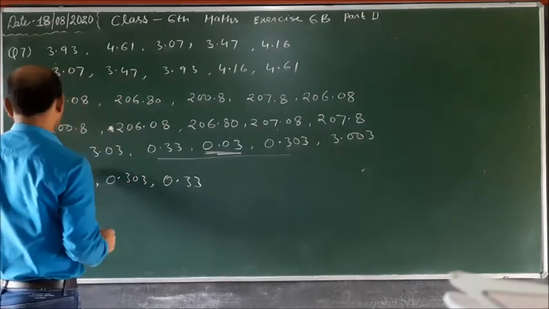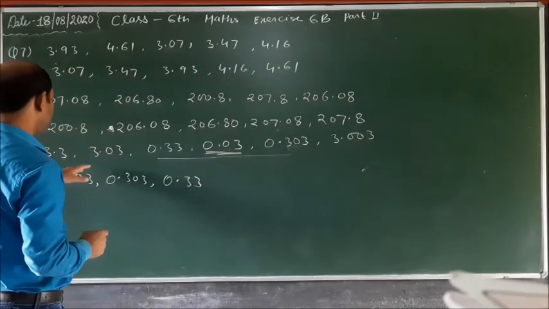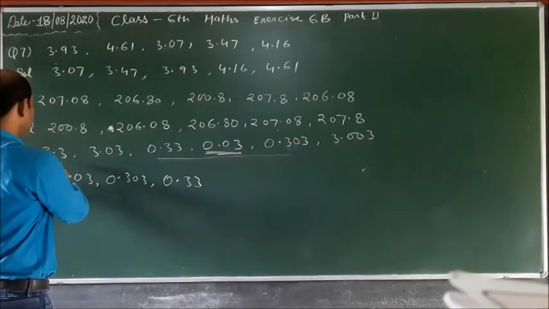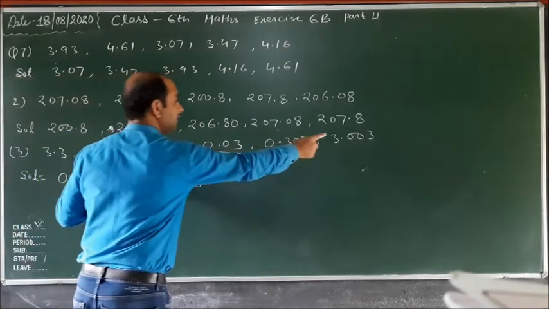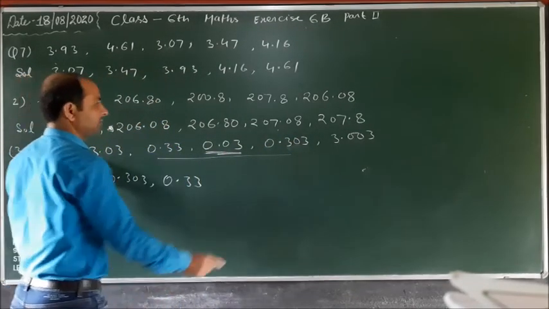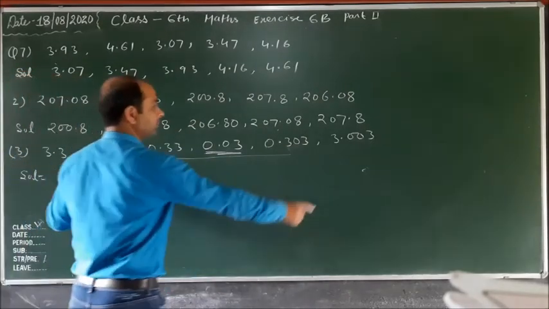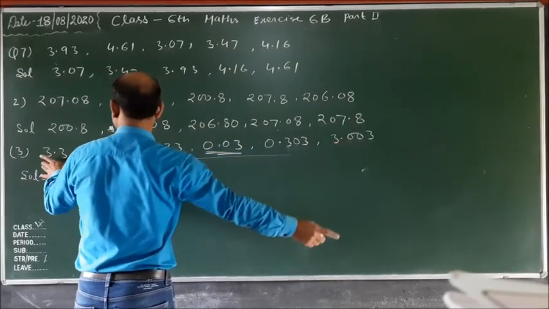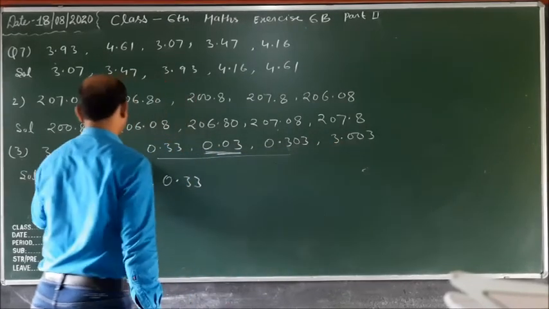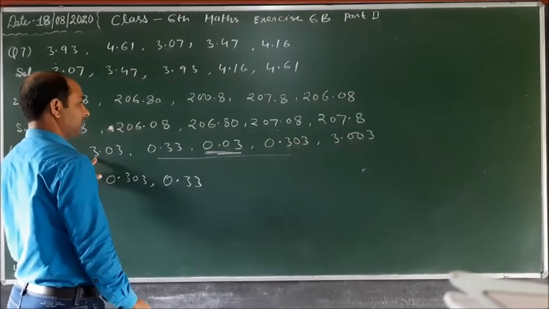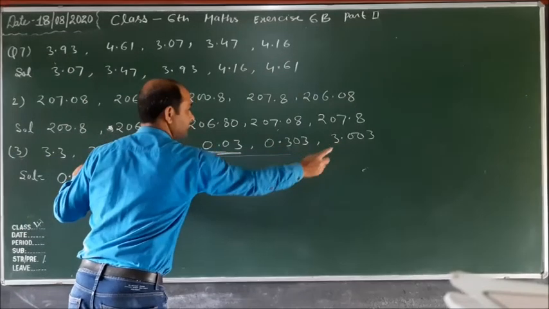Now we compare the remaining numbers, 1, 2 and 3. Here 3, 3 and here 3. Here 3, here 0, here 0. So this is the greatest and this number is the smallest. But here 3 and there is also 3 here.